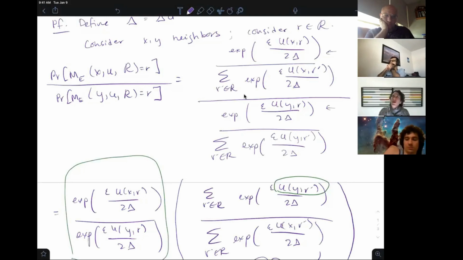So the first place I encountered the exponential mechanism was actually in using it to show that it is possible to produce synthetic data.